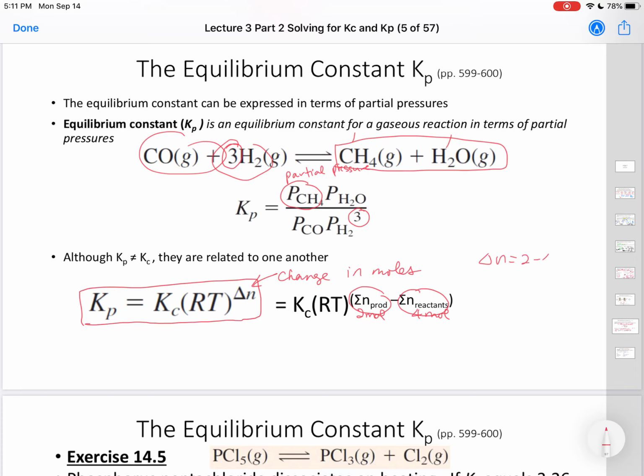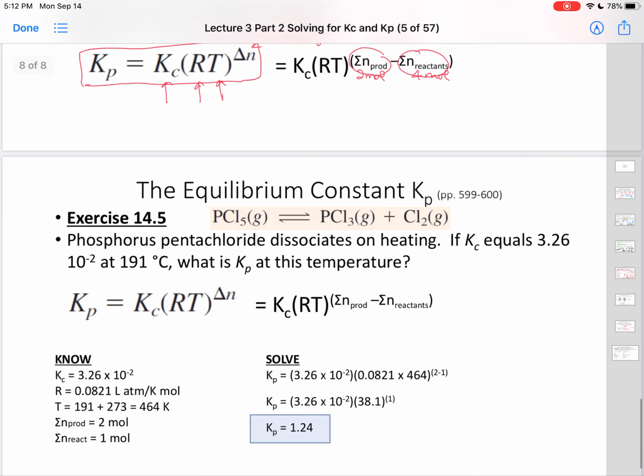So really delta n in this particular example is 2 minus 4, or just minus 2. R is just the gas constant, T is just the temperature, and Kc is just the equilibrium constant expression that we have been calculating since the beginning of lecture 3.